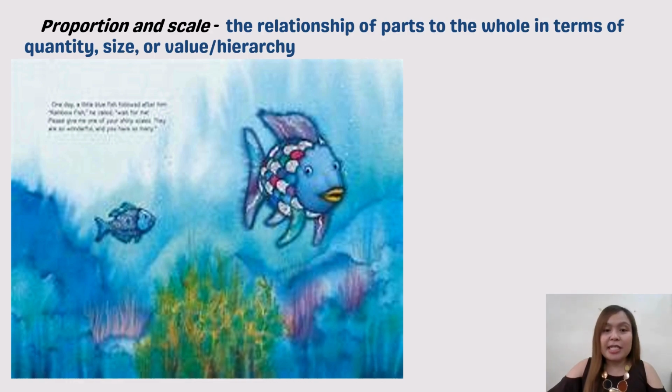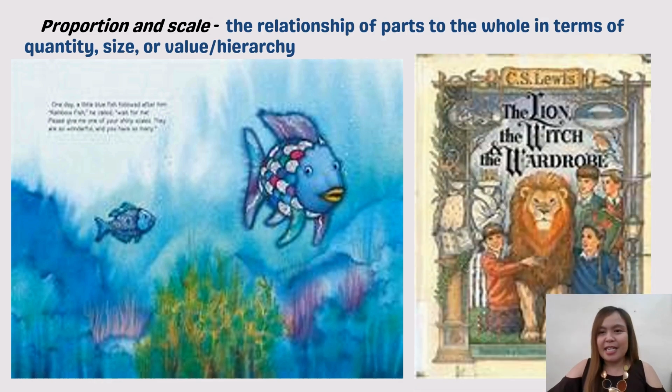However, the presence of the seaweeds, which are right under or behind the rainbow fish, gives a sense of proportion to this picture. Next, this picture from C.S. Lewis's The Lion, the Witch, and the Wardrobe is an example of proportion because you see that Aslan, which is the central figure here, is flanked by the children plus the Snow Queen.